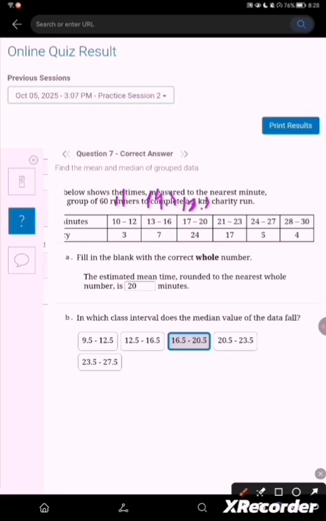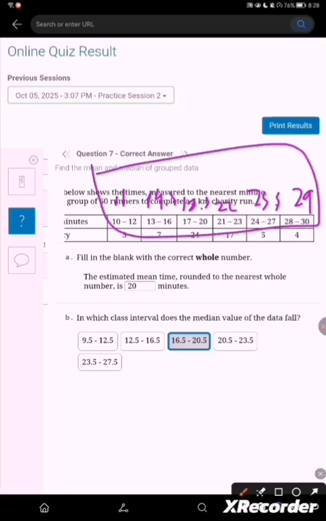And then 21 plus 23 divided by 2, 22. 24 plus 27, okay, divide that by 2, you get 25.5. And then the last one's just 29. You can do it on your calculator as well in case you want to check. Okay, so these over here are your midpoints, those values.